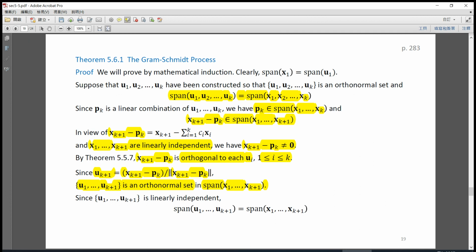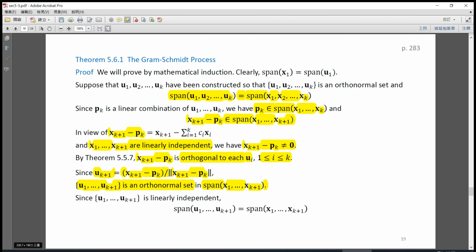And therefore u1, u2, up to uk plus 1 is a subset in the span of x1, x2, up to xk plus 1.